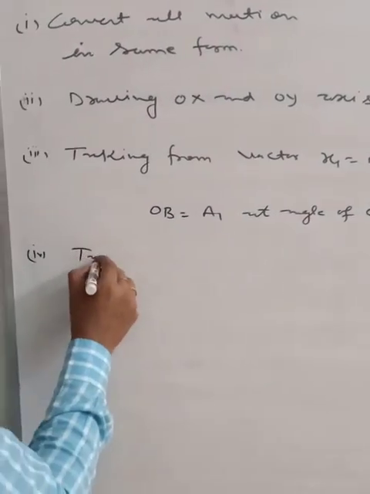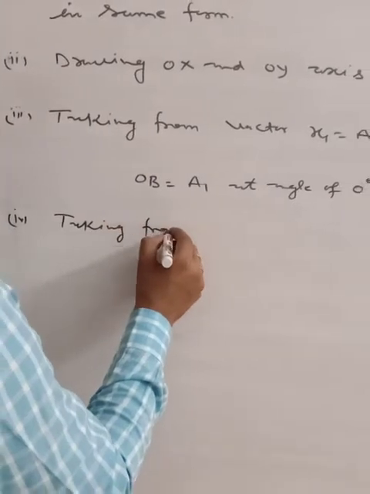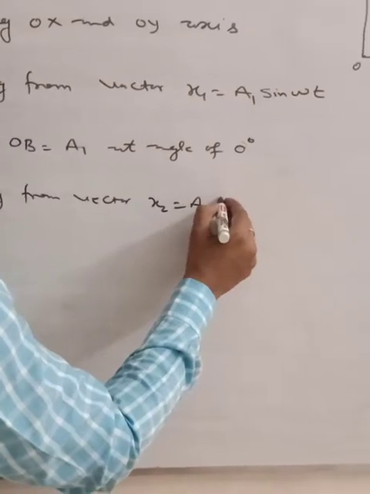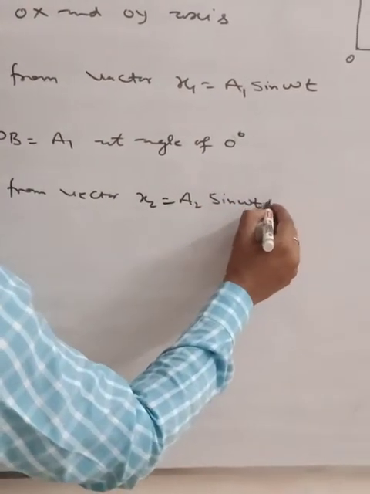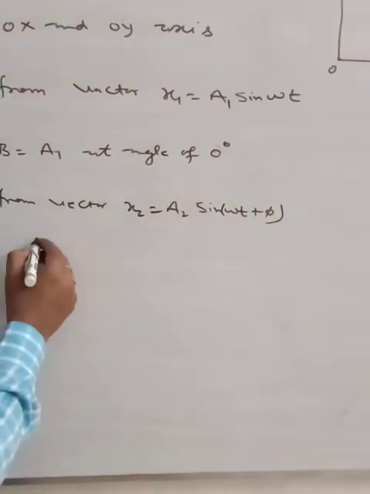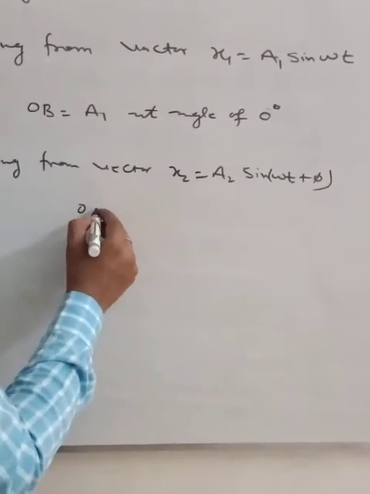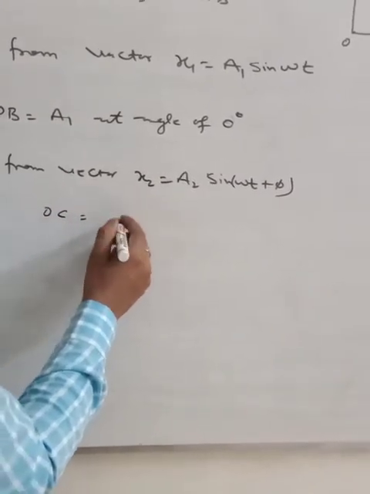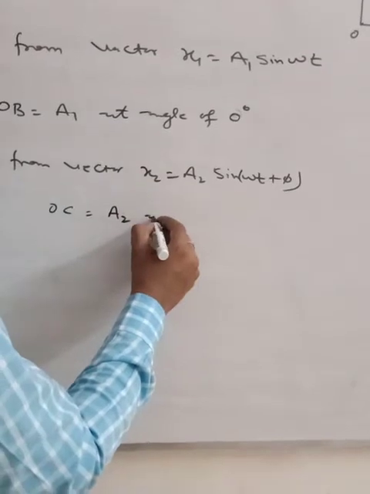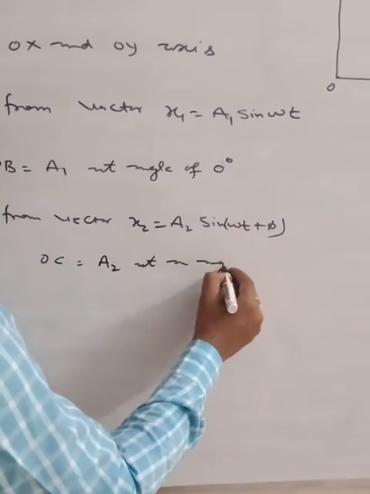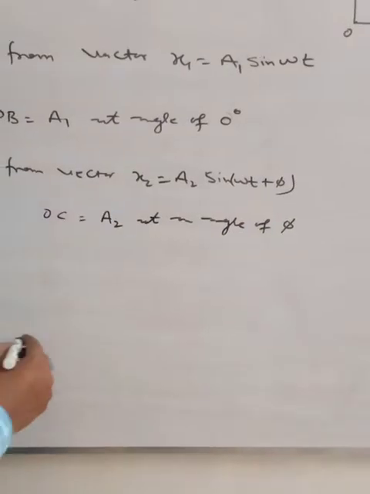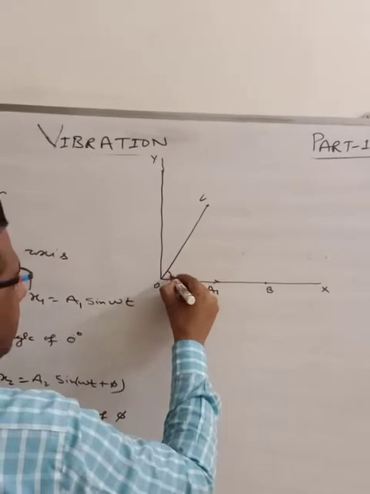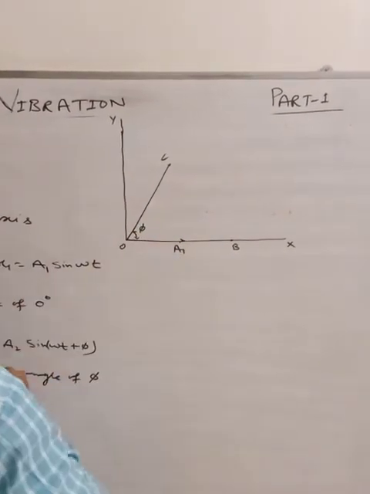Then taking vector x2 is equal to a2 sin(omega t plus phi), OC is equal to a2 at an angle of phi.